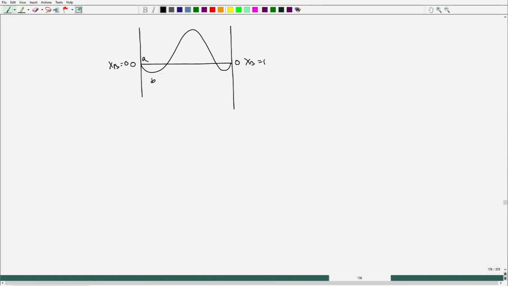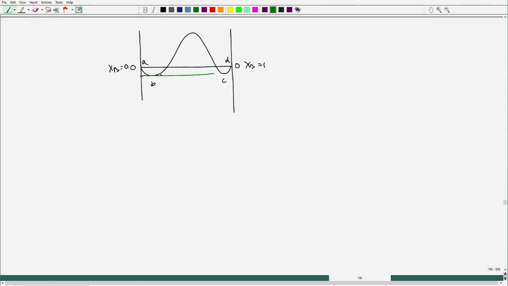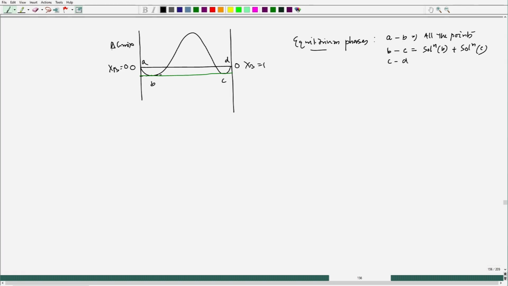This was the plot A, B, C, D. I could see the equilibrium phases, composition from A to B, and then we have B to C, and then composition C to D. And in this case, here we have solution of B plus solution C, but here all the points over this AB free energy line or delta G mix line would be stable, and similarly here all the points over this CD line will be stable.